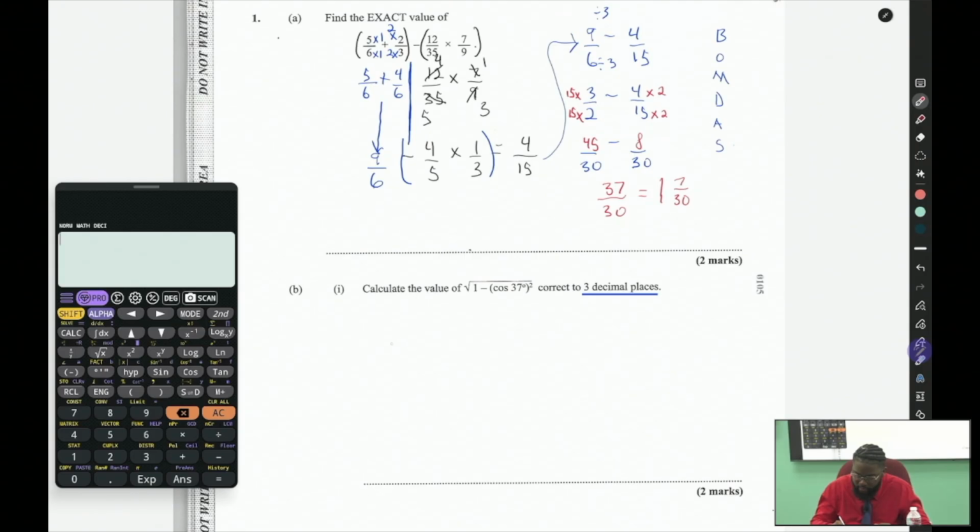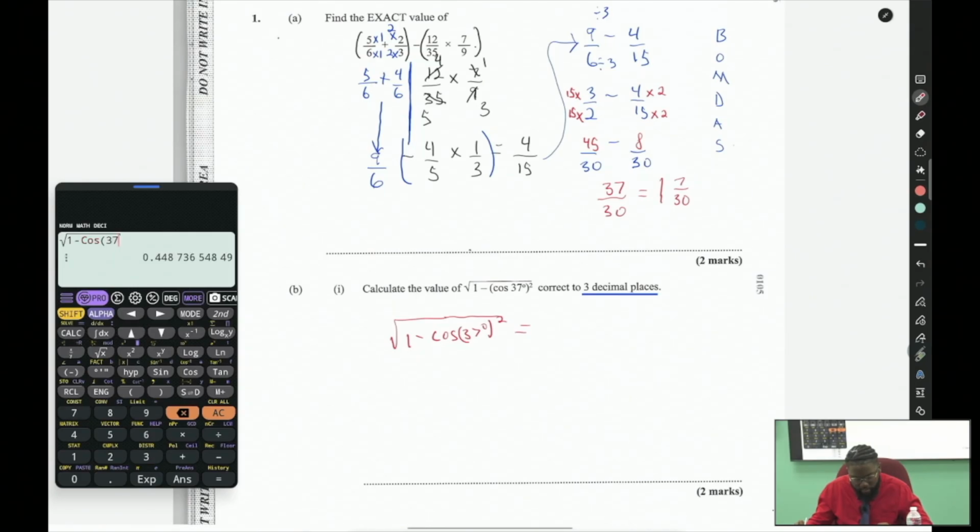So we're going to have the square root of 1 minus cos 37 degrees squared. Let's put it in our calculator. It will give us a long decimal, but the instruction is to correct to 3 decimal places.